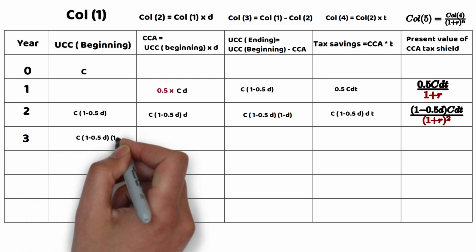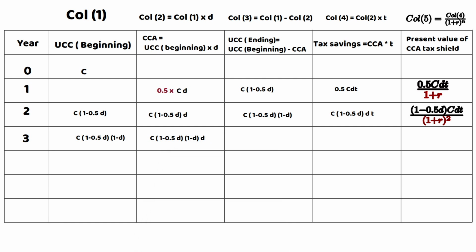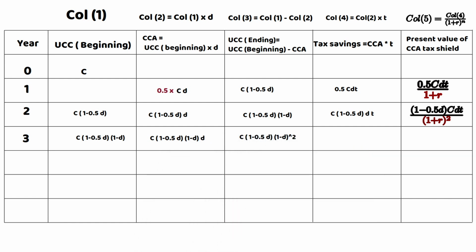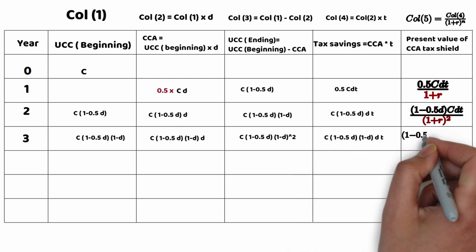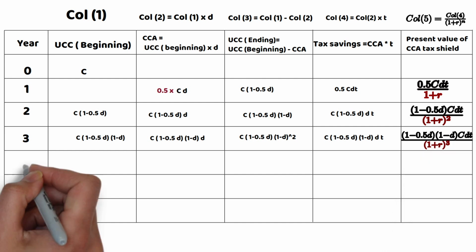For year 3, we follow the same pattern. We calculate the CCA, UCC ending, and tax savings, and this number will be divided by (1 plus R) to the power of 3 because this is year 3.